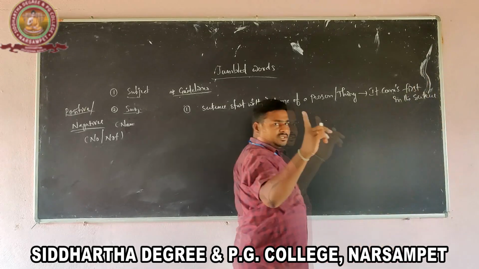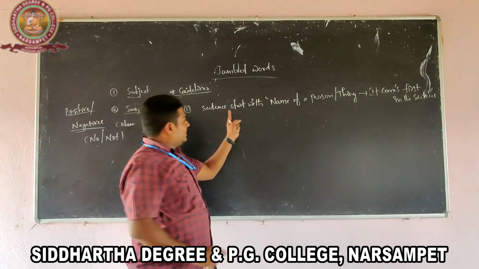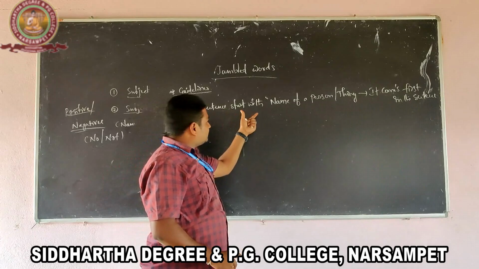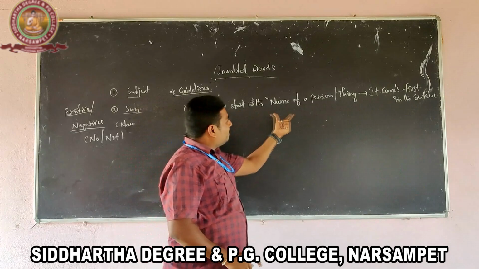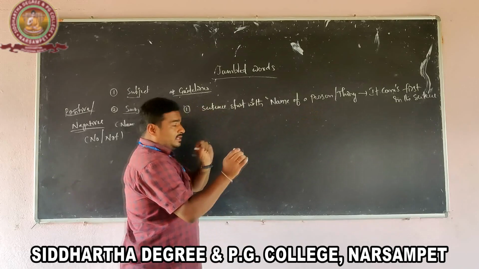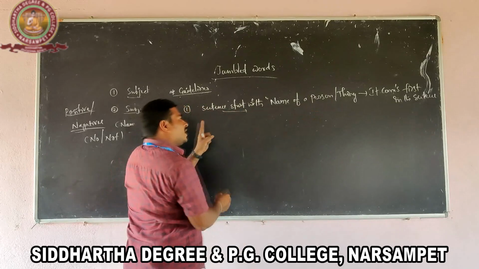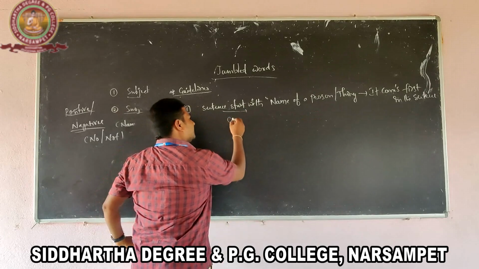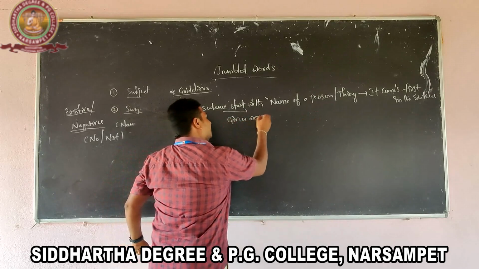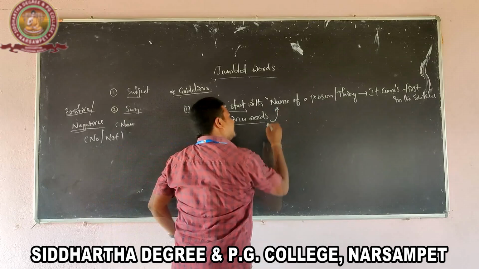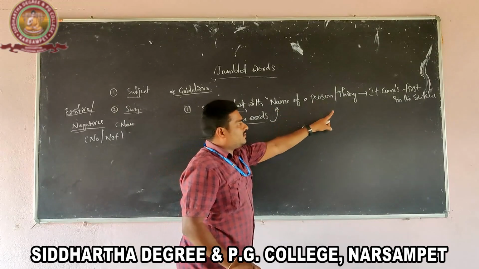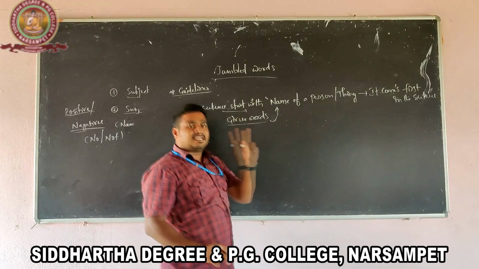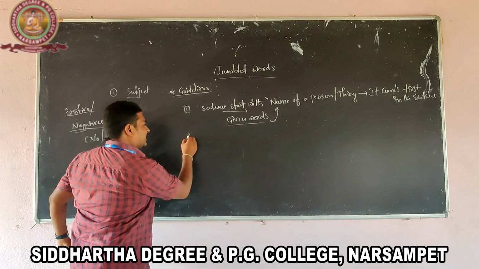So this is the first guideline. Guys, remember, a sentence starts with the name of a person or thing. Just remember, if there is a name of a person or thing in the given words, it comes first in the sentence. That is the first guideline.